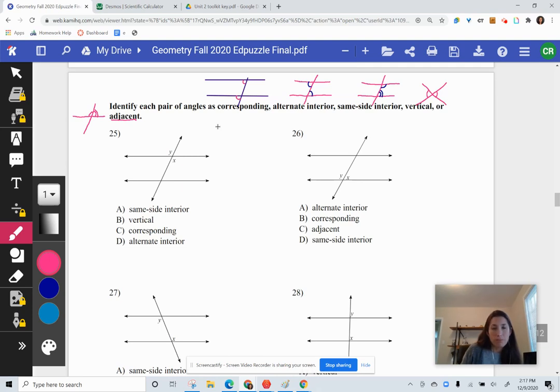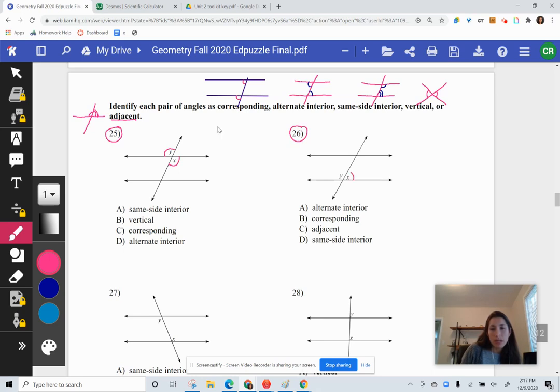Adjacent angles. Okay, so now I'm going to have you try answering these questions. So you're going to answer question 25. The relationship between X and Y. What is that relationship? Okay, now you're going to answer question 26.